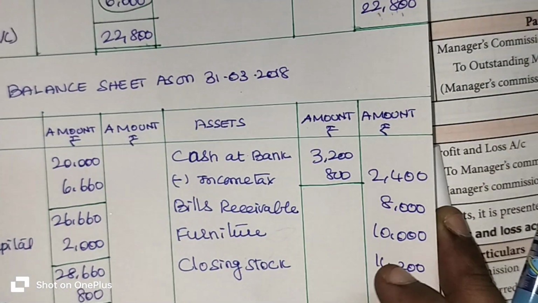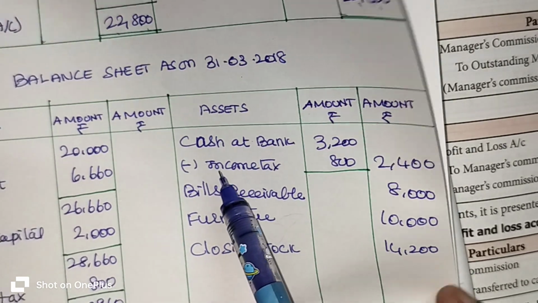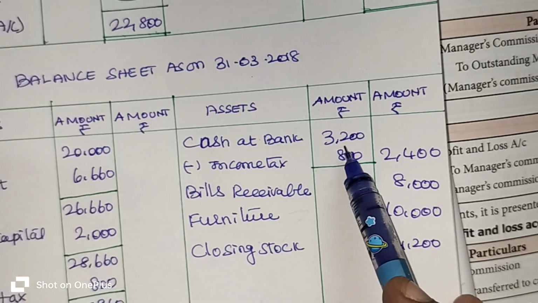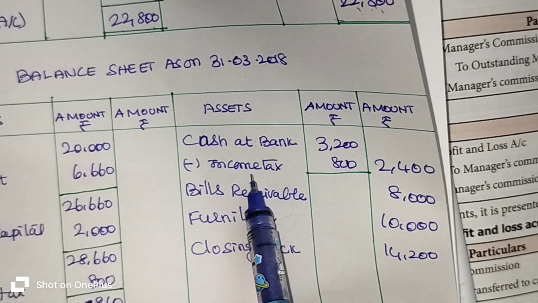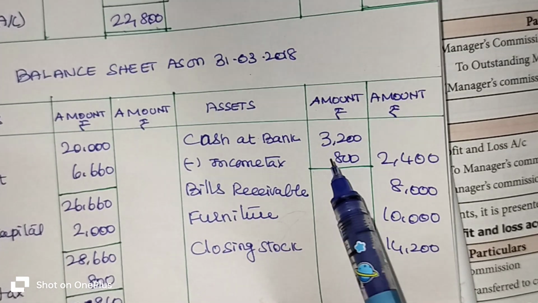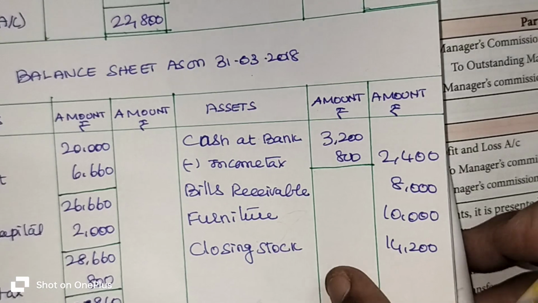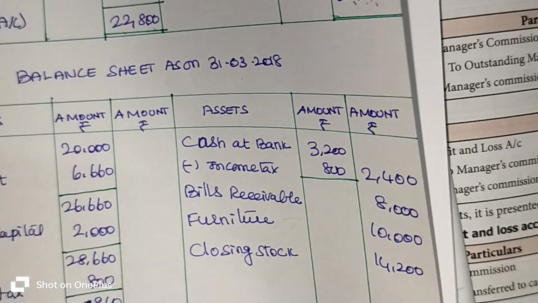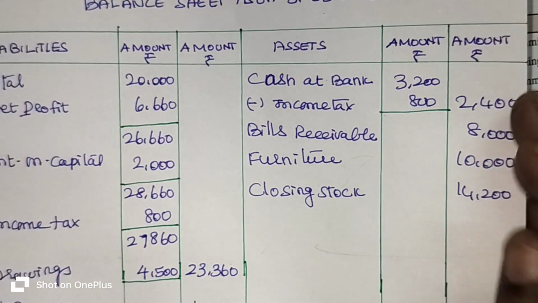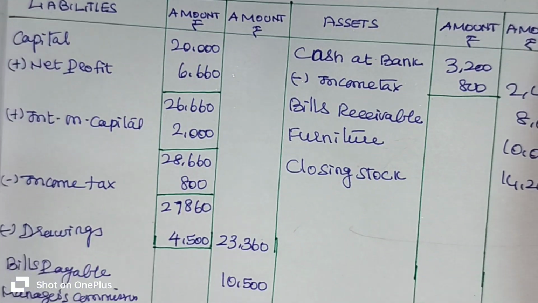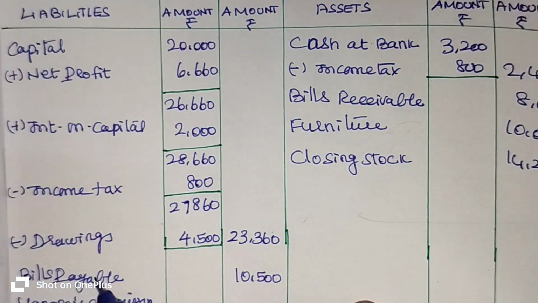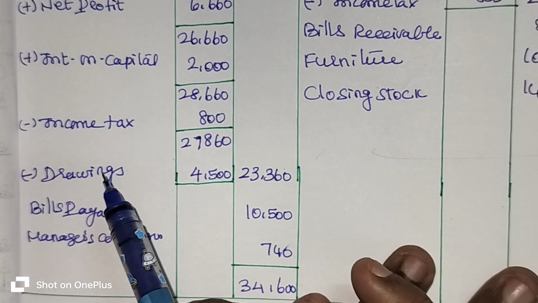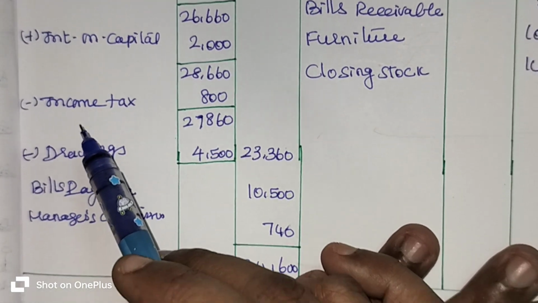Then let's go for the asset side. So listen, cash at bank 3,200 rupees. We have to subtract income tax 800 rupees from cash at bank. Listen, each and every adjustment will appear in two places in the final accounts, right? As per the format, income tax appears on liability side.